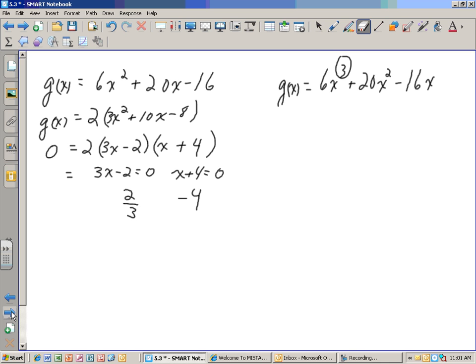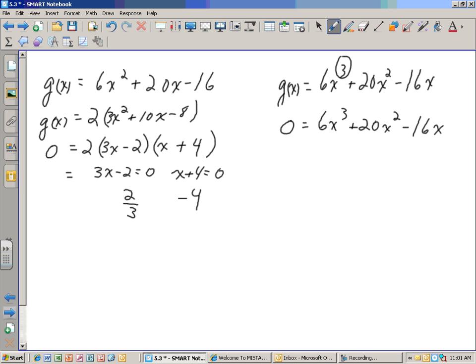That means we have 3 solutions. With a quadratic, that's an x squared term, 2 solutions. But because this is cubed, we're going to have 3 solutions. Set the equation equal to 0. We have 6x cubed plus 20x squared minus 16x.